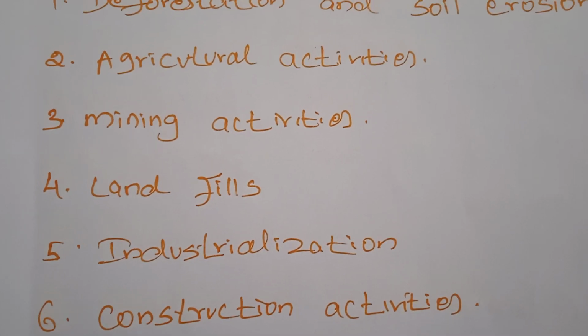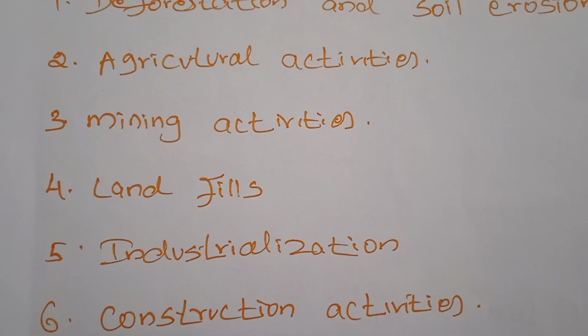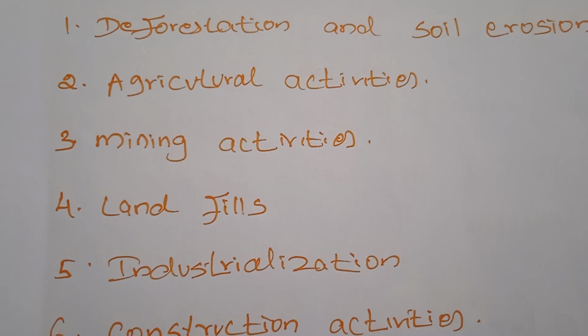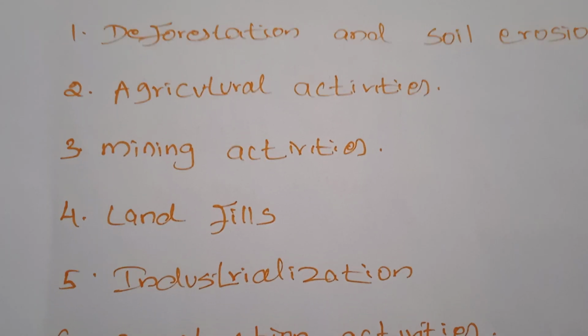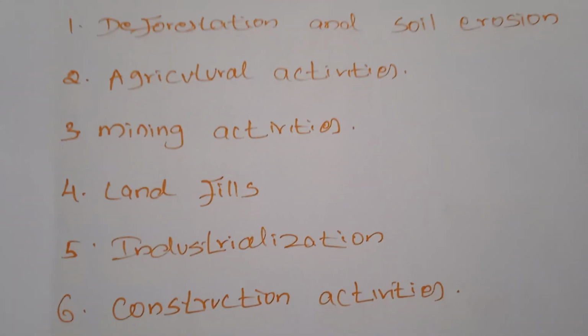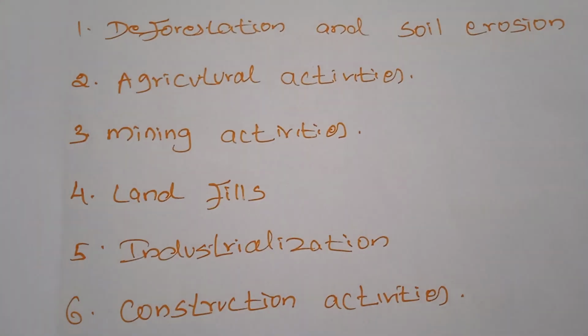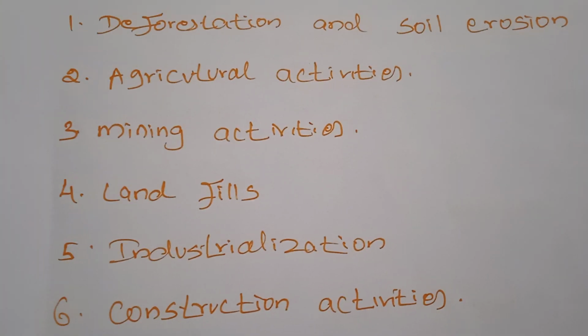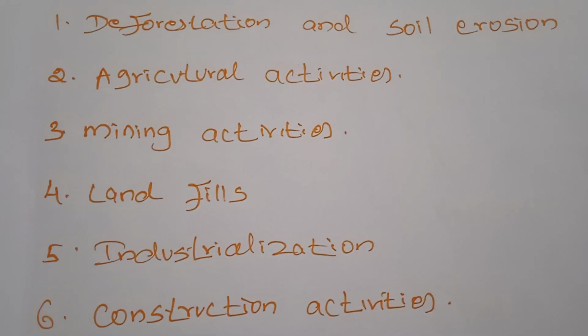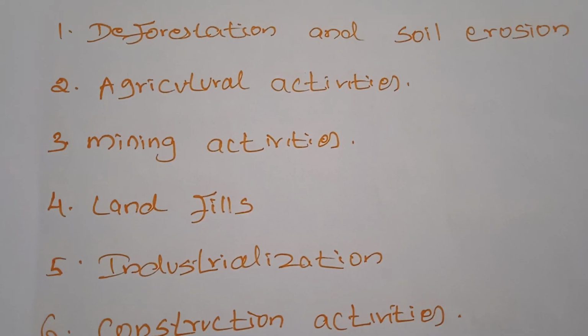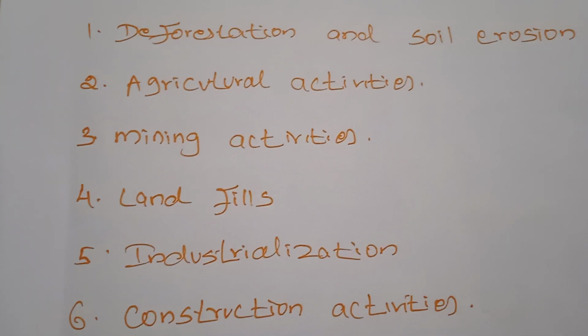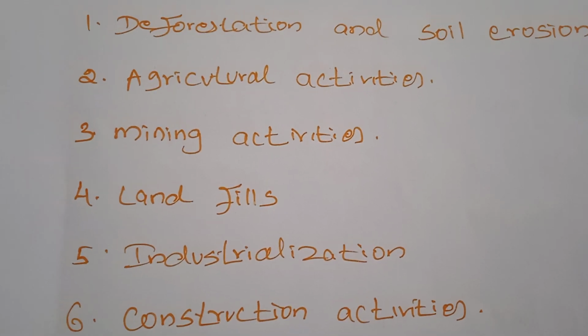During extraction and mining activities, several land spaces are created beneath the surface. Nowadays, most of the countries depend upon mining activities, that is, the extractive industries. So already we have studied: if you are extracting any mineral from the land, that is called the extractive industries.